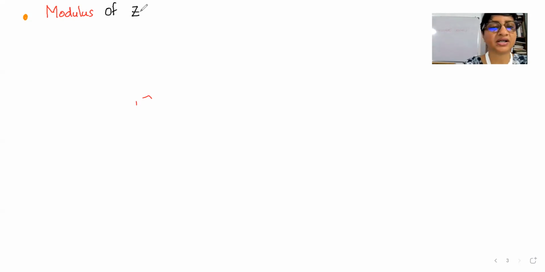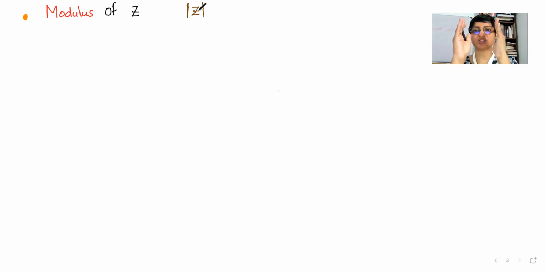And for this, we have a couple of different notations. Modulus of Z, you already know the word modulus. When it comes to the modulus of a complex number, here are your notations. You can say your normal notation with the two lines like that. Modulus of Z. How do you read this notation? Modulus of Z. That's one way of writing it.